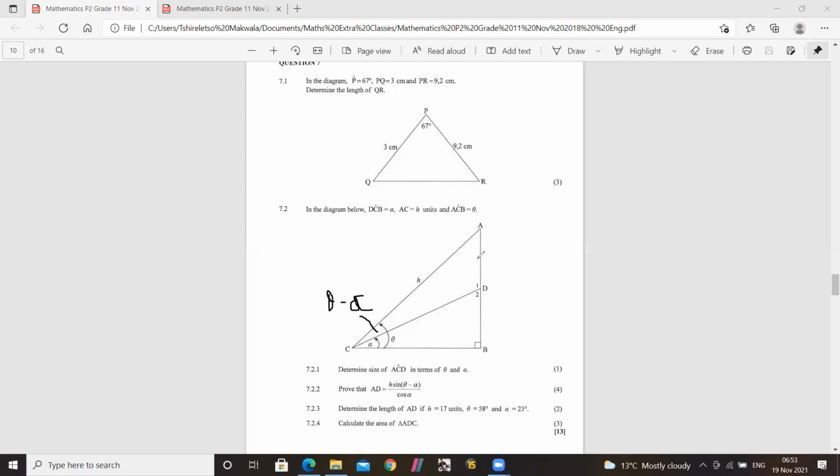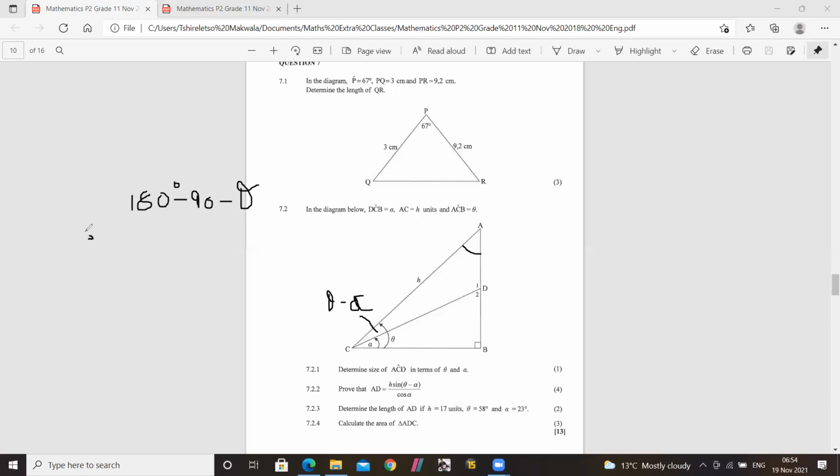So what can we do? Do you see that we can calculate this angle here, A? Because essentially this angle here is equal to 180 degrees minus 90 degrees, minus theta, because theta is the entire angle here.